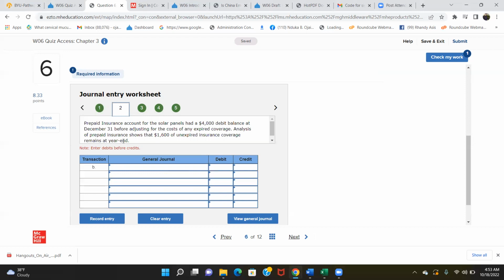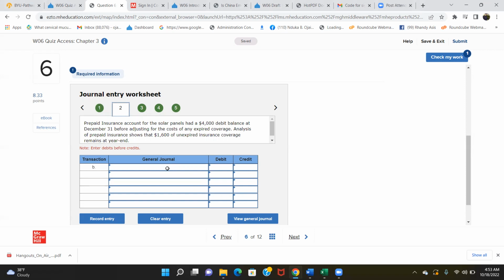So what you need to do is, since at the end of the period, $1,600 has not expired as a result of the insurance, you minus 1,600 from 4,000, and then what it gives to you is 2,400.